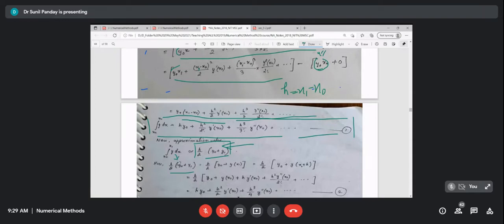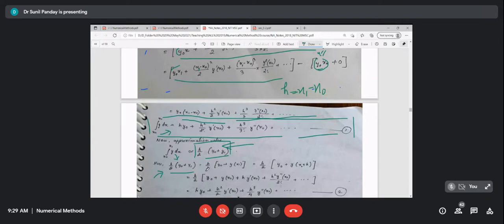We expand this also using Taylor series expansion, and then we check that the Taylor series of this approximation and the Taylor series of the exact value match up to which power of h.